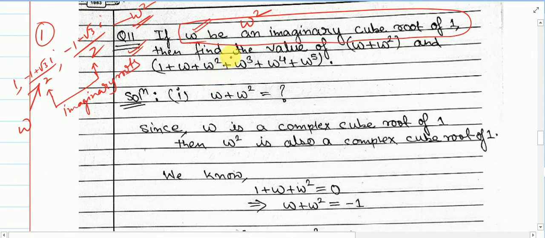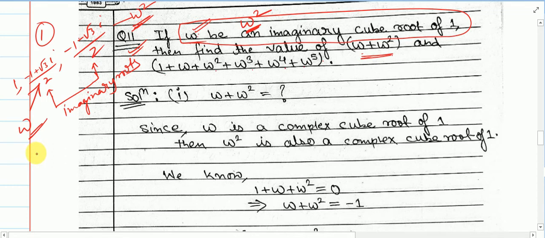So already one imaginary cube root is given, that is omega, so the other imaginary cube root will be omega square. Then find the value of omega plus omega square. And find the value of this also: 1 plus omega square plus omega cube plus omega to the power 4 plus omega to the power 5.